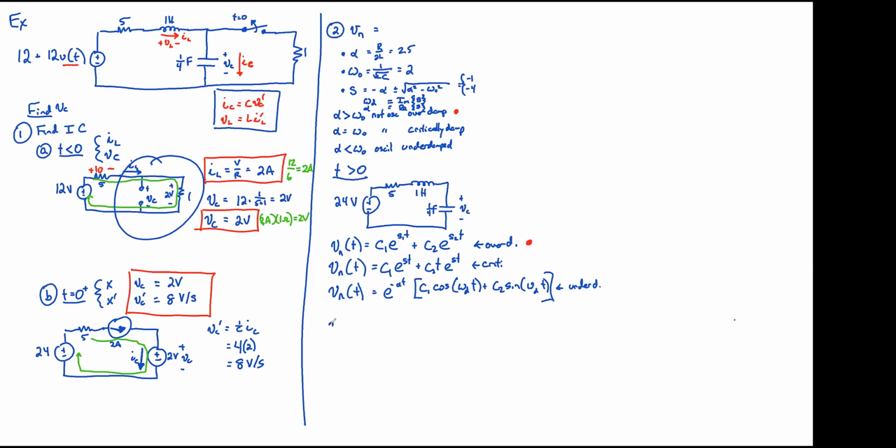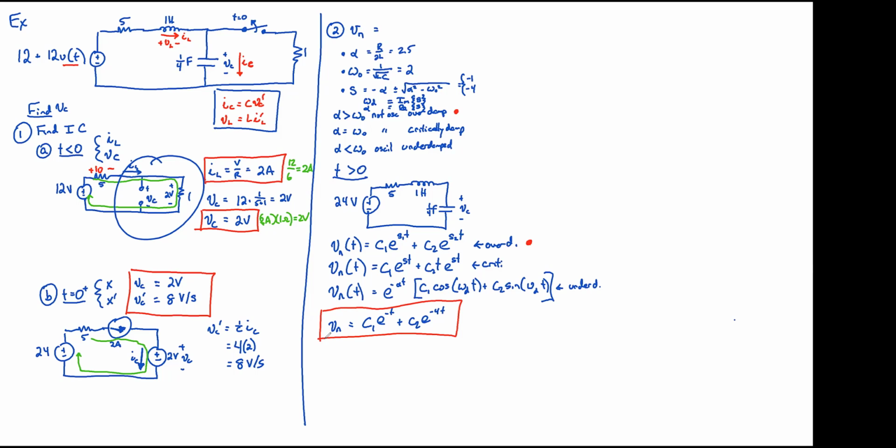Okay, so our V sub n for this particular problem is going to be C sub 1 e to the minus t plus C sub 2 e to the minus 4t, since we found our roots of S to be -1 and -4. Questions on that section?